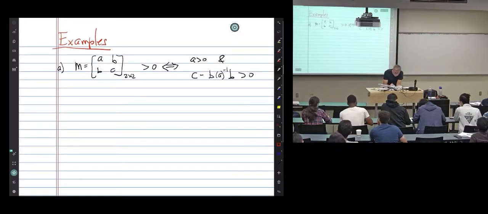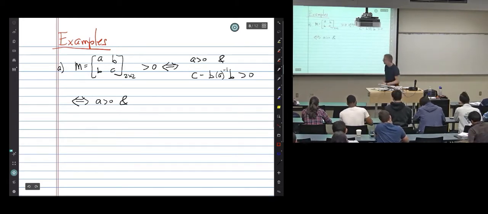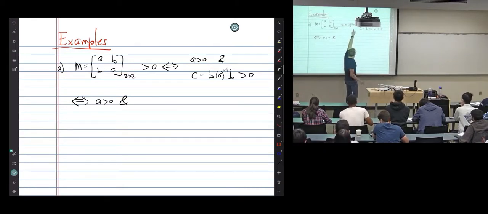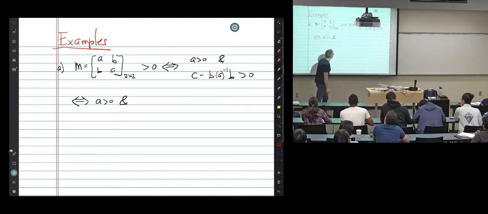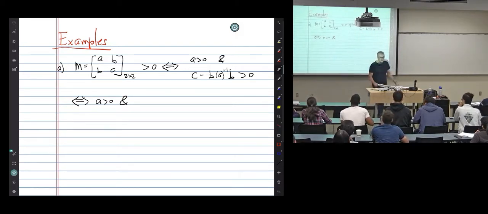Okay, so that's the same thing as A is positive, and once A is positive, I can multiply this equation by A, and the strictly greater than 0 stays true, and then this becomes A times C minus B squared.